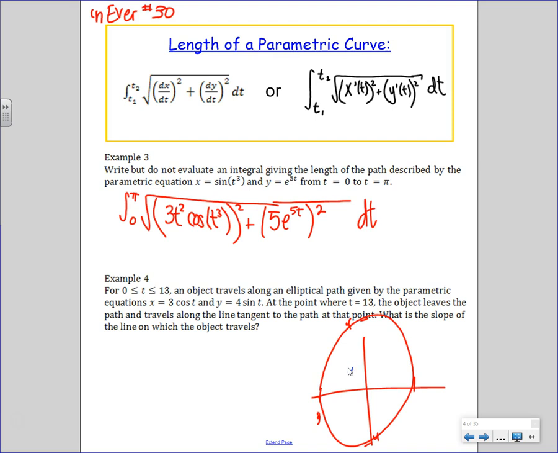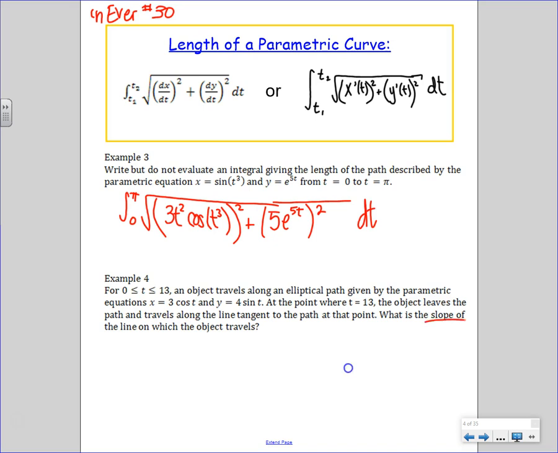Depending on how you let it go, straight, tangent line. Tangent line, right? What are they asking? They want you to find the line at that point when the object leaves.